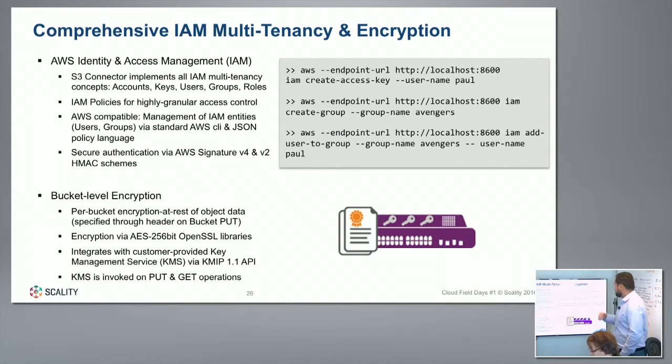So IAM itself, I'd say it's about managing users and their policies. We have implemented the policies, which is a very large piece of specification from Amazon, where you can go very fine in terms of what the user can and cannot do. If you look at POSIX ACL, which is user, group, others, this is another magnitude more granular.